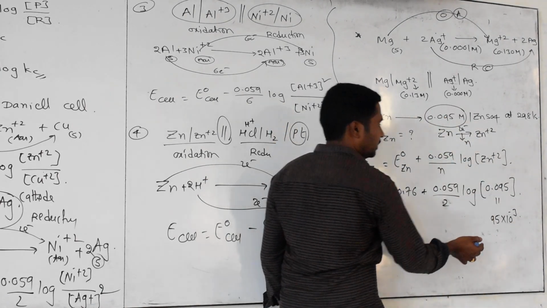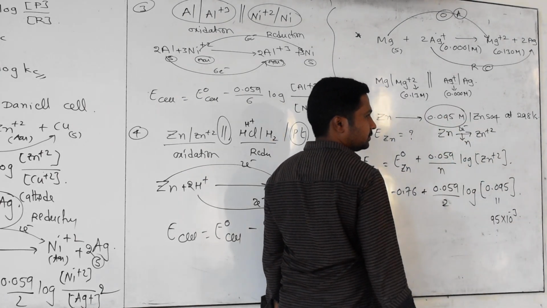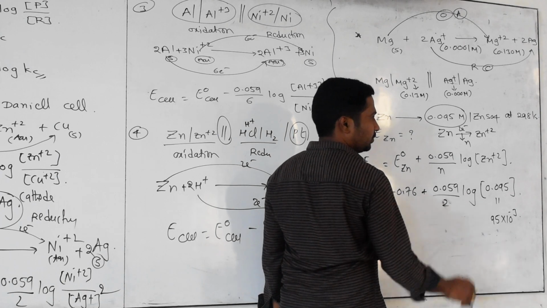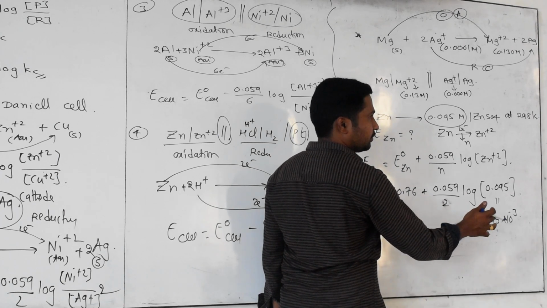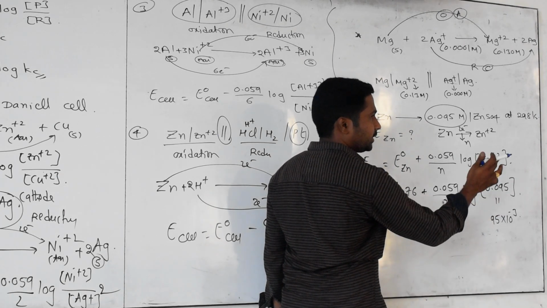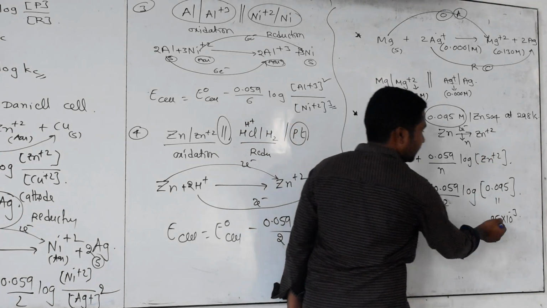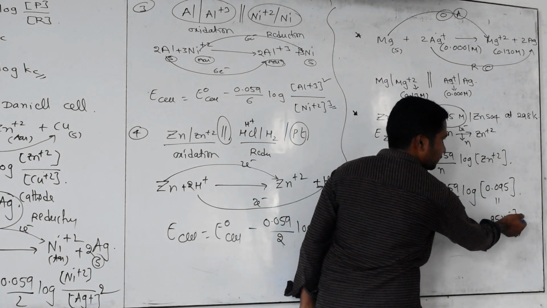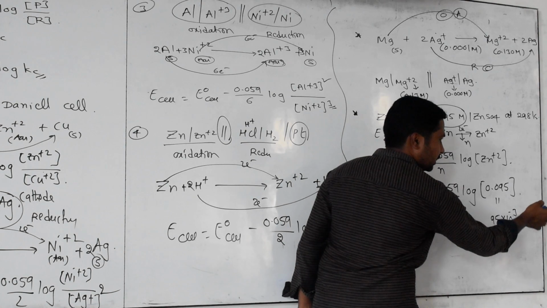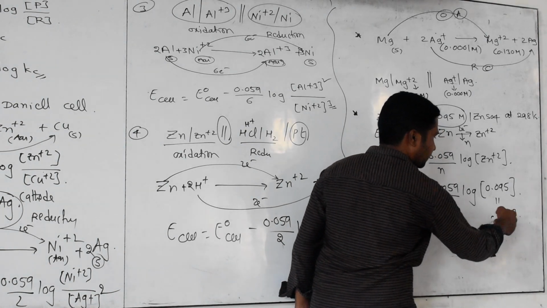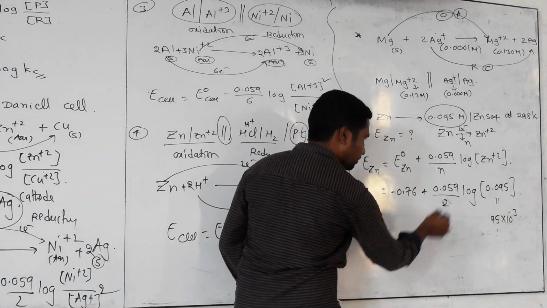Do it separately. Log 95 we have to see. Around 2 will come, I think, because log 95 is near 100, and 100 we can write as 10 square. Log of 10 to the power of minus 3 will be minus 3, as log 10 to the base 10 is 1. Some value will be coming. You simplify all these things.